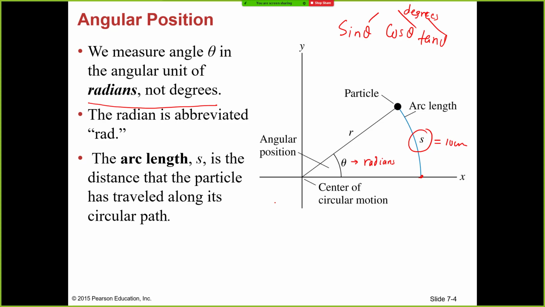So there are two ways to point out where this object is. One is using this angle. You can say this particle is 2 pi over 6 radian from this point, or you can also say it's 10 centimeters from that point. Okay, so there are two ways.